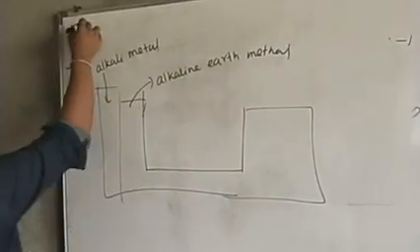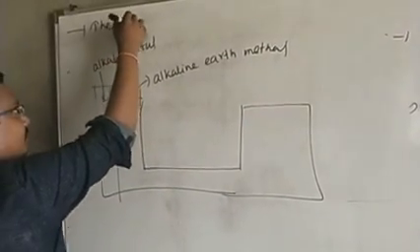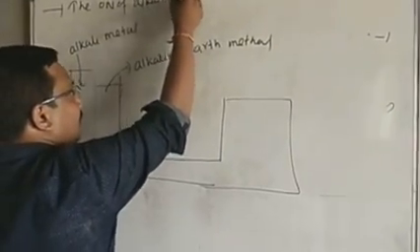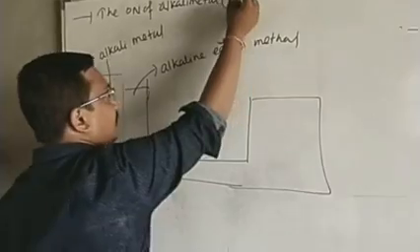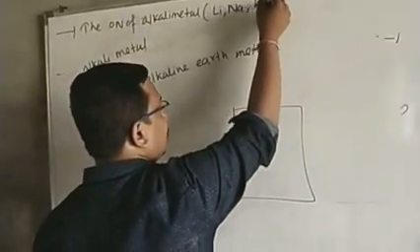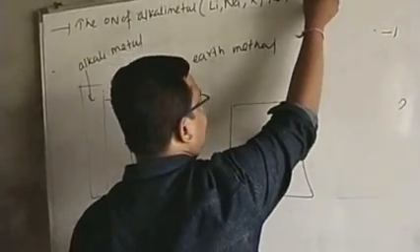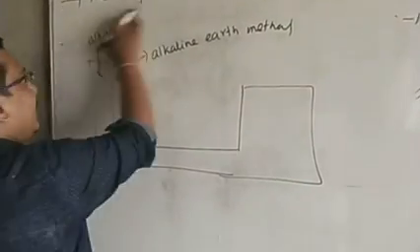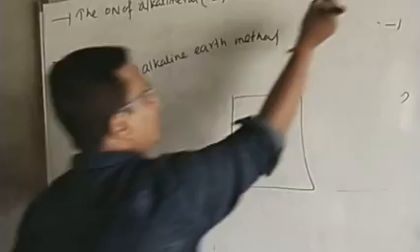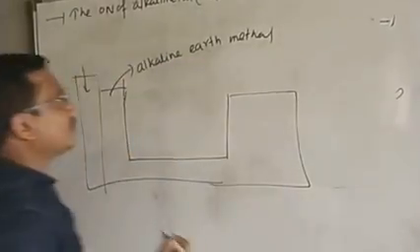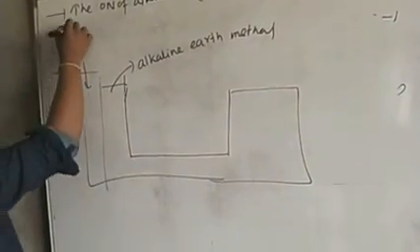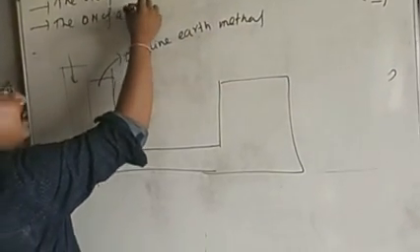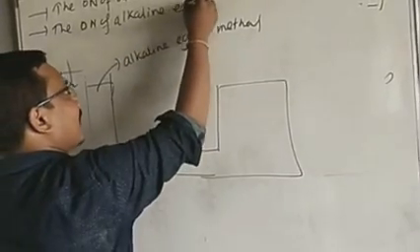If you think about the oxidation number of alkali metals, we think about lithium, sodium, potassium, rubidium, cesium, francium. These elements are called alkali metals and their oxidation number is always +1. The next rule is the oxidation number of alkaline earth metals.